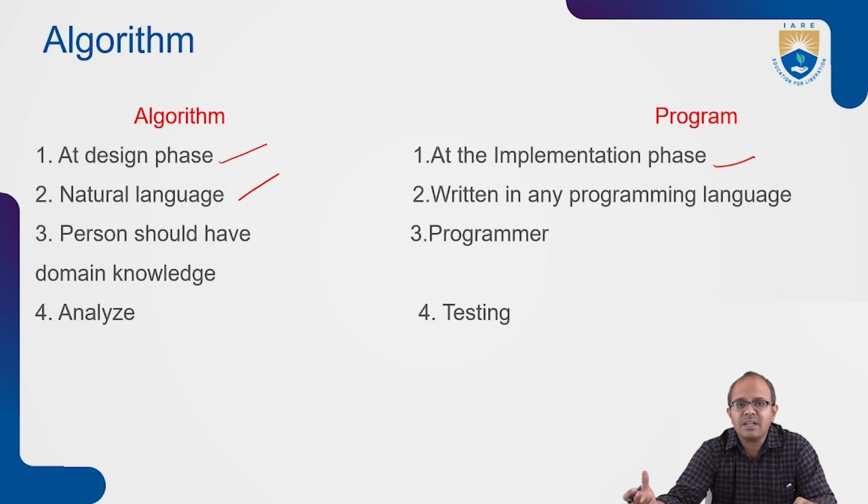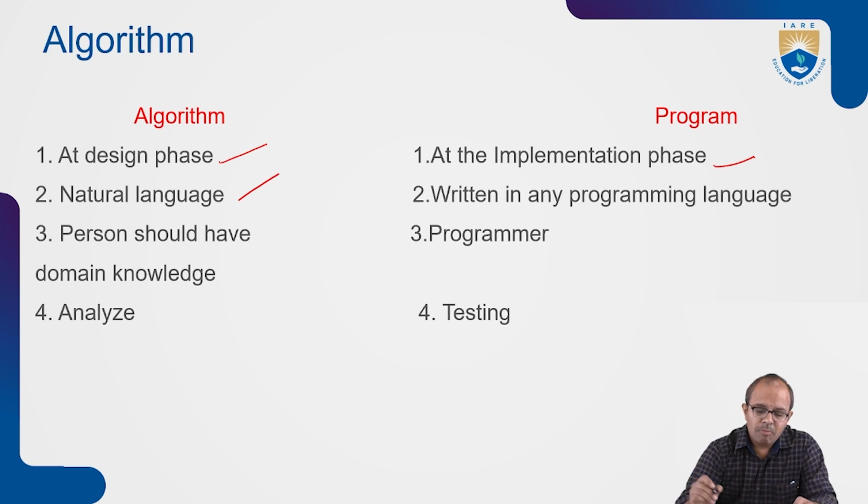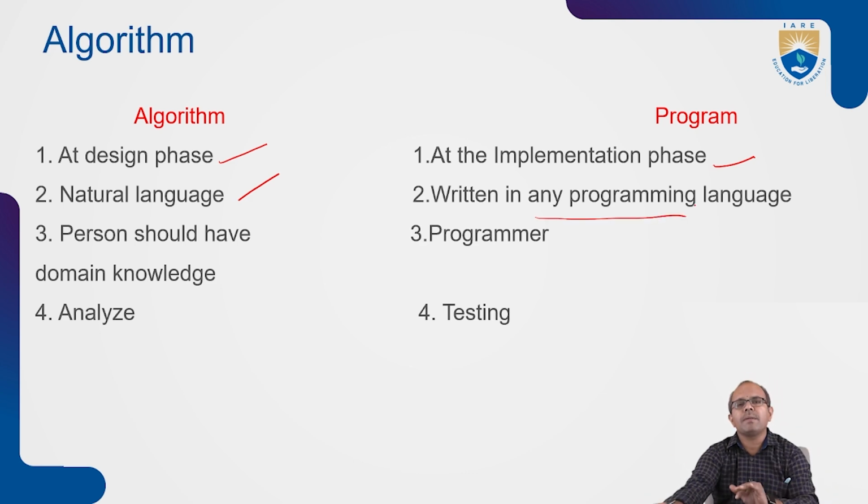Now, the program is written in a programming language. If you want to implement the algorithm in any programming language, what is required here? You must be aware of the programming language. Nothing but the syntax: how to write if conditions or flows, how to create a block of code, whether braces are required or not, what the inbuilt methods are, how to create functions.